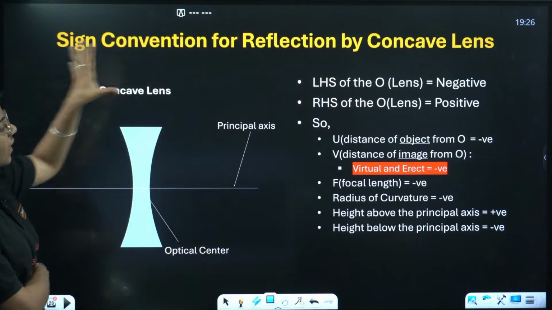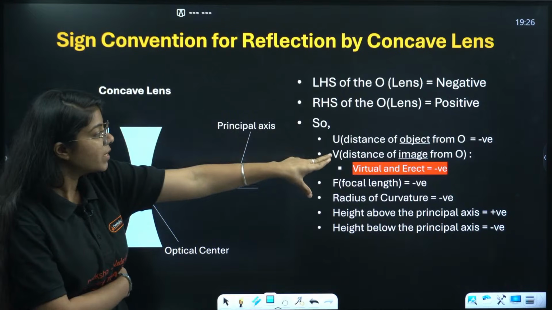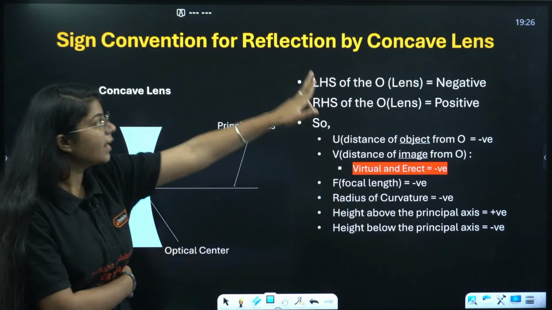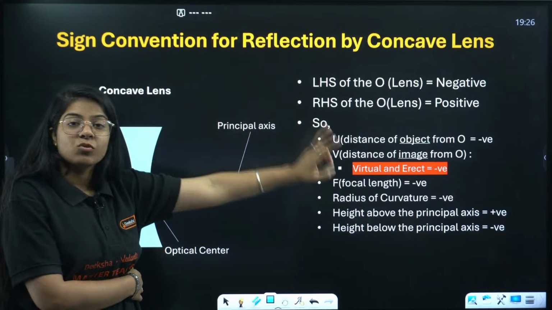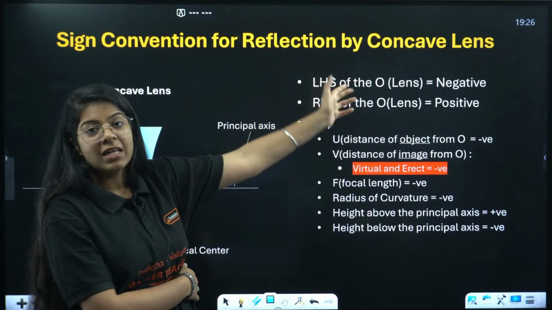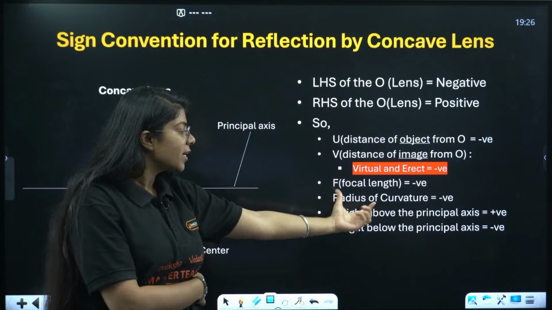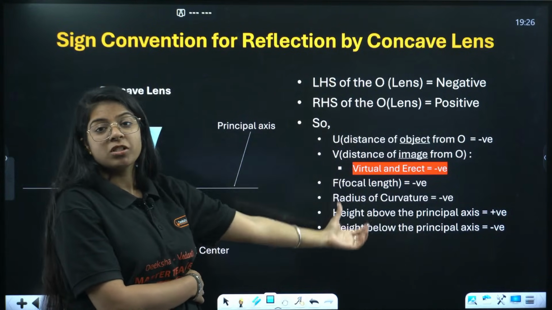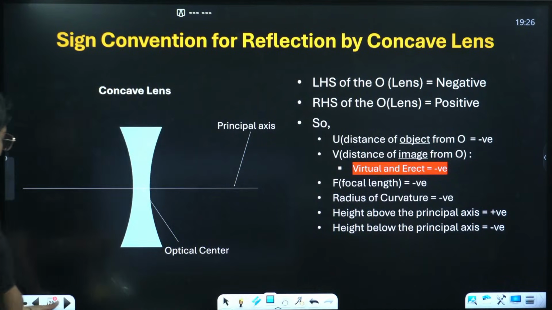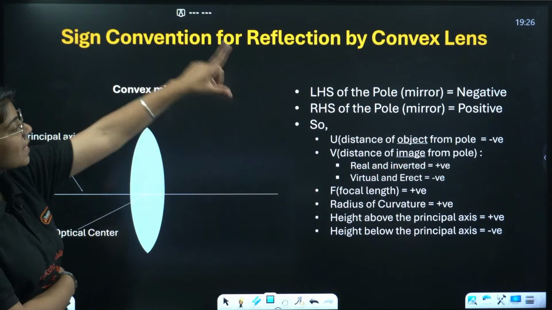Left hand side negative, right hand side positive, u is always negative. Image distance in case of concave lens is virtual and erect, always negative. Focal length for concave lens negative, radius of curvature negative, height above the principal axis positive, below the principal axis negative. ठीक है?